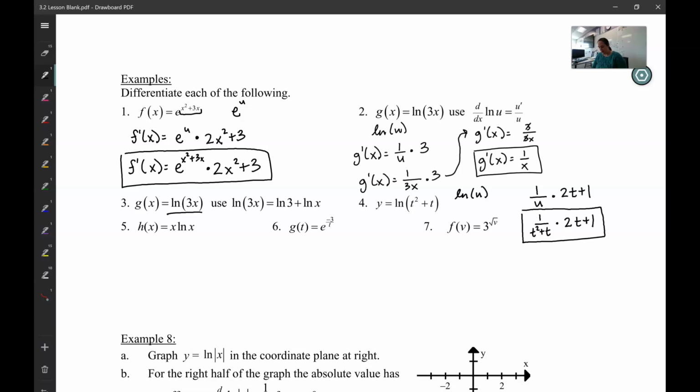Now let's try it with number 3, where we're going to use one of the rules of logarithms, which is if things are being multiplied inside, I can separate them with addition. And now I'm going to take the derivative of this. Well, to take the derivative of this, I take it in parts. So I'm going to have the derivative of ln of 3 plus the derivative of ln of x.